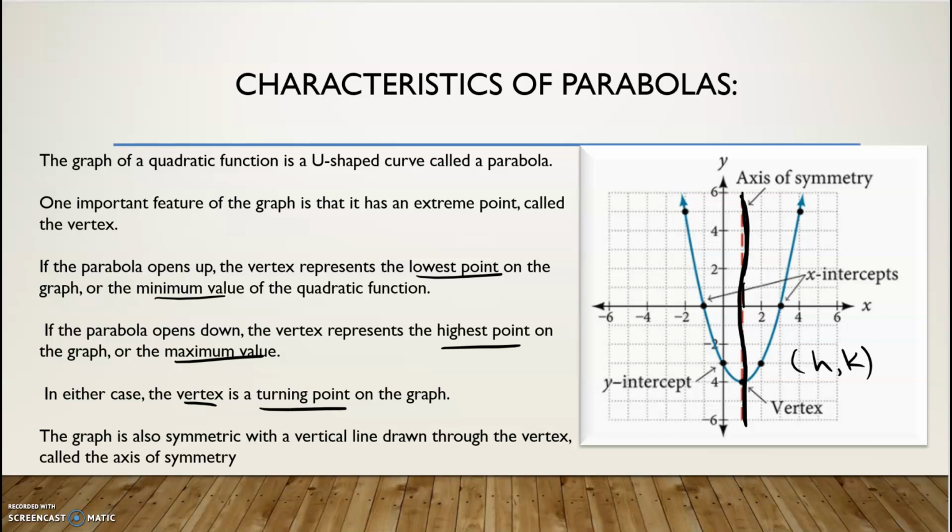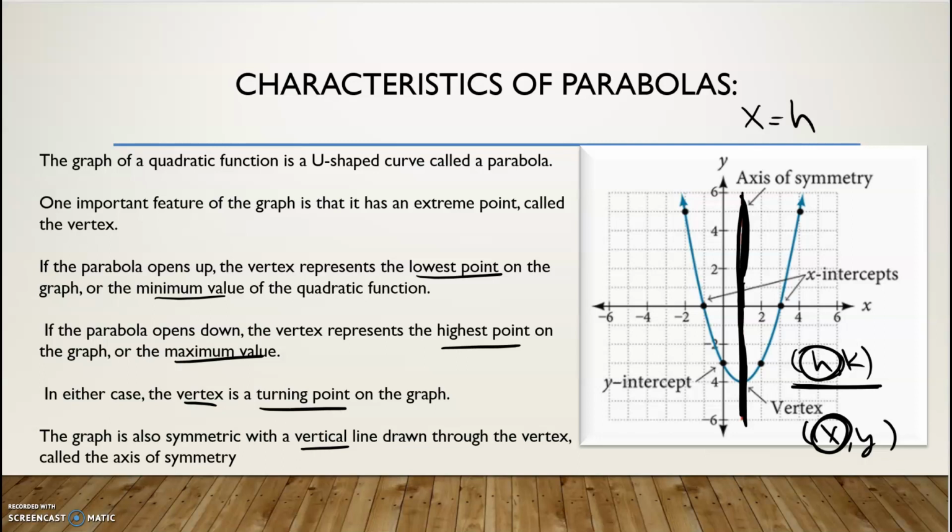Okay, and what we have here is a vertical line. We know the equation for a vertical line is x is equal to some number. Okay, well, let's go back to the vertex. The value in the x coordinate, because remember you can write ordered pairs as x, y. The value in the x coordinate spot is h. Okay, so x is equal to h.